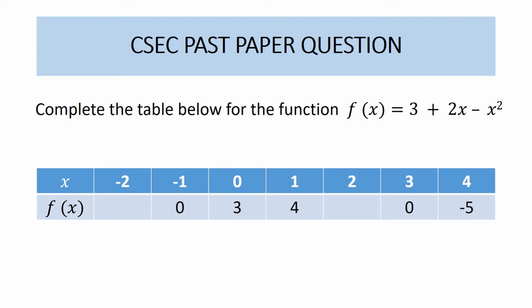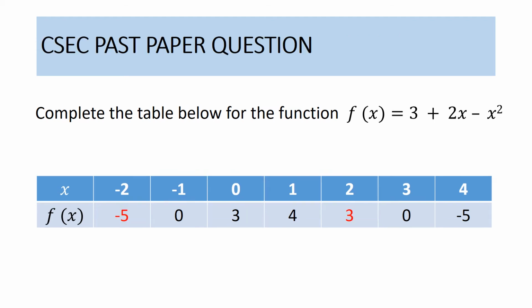When you simplify these, what values did you get? Notice the other values have been completed already for you. So check your values. Did you get -5 as the y value when x is equal to -2? And 3 as a y value when x is equal to 2?